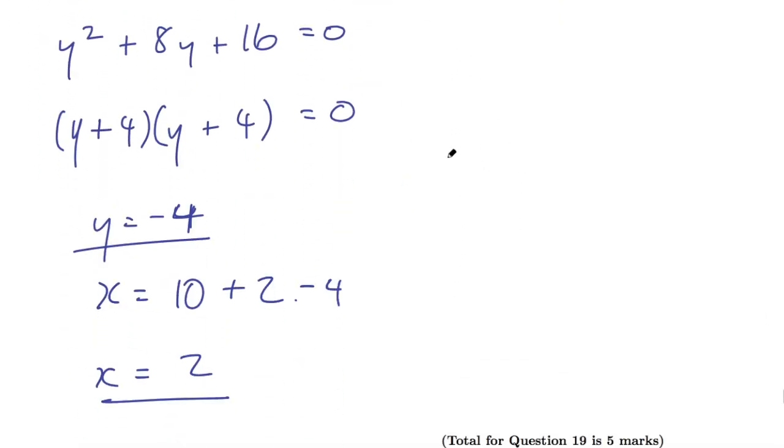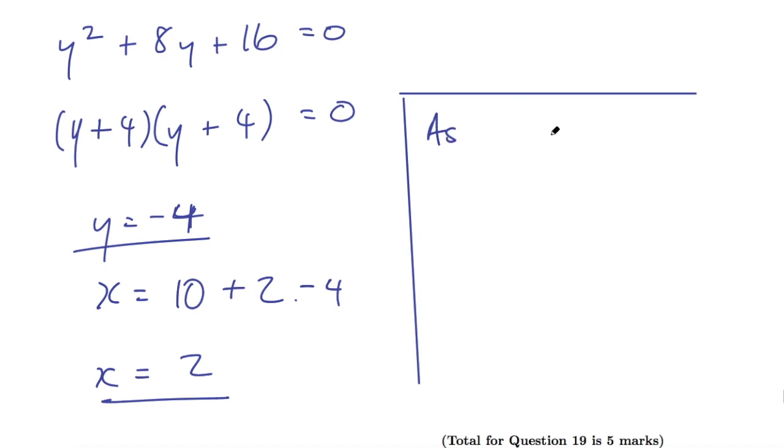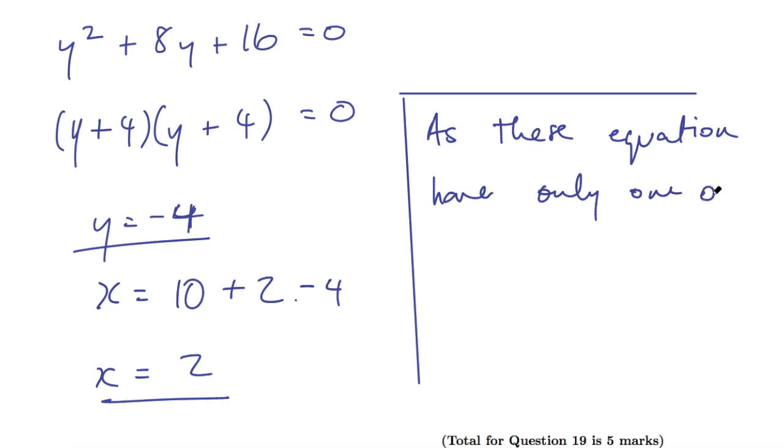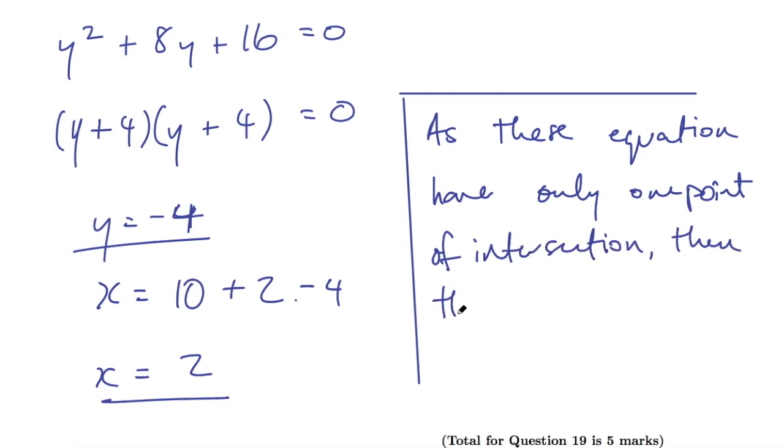And then what I can say is, as these two equations have only one point of intersection, then the line must be a tangent to the circle.